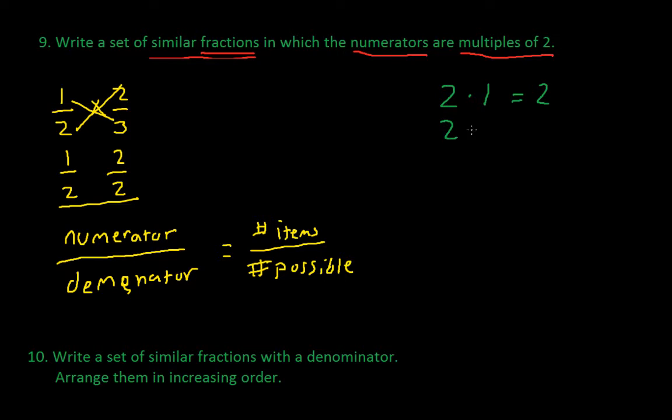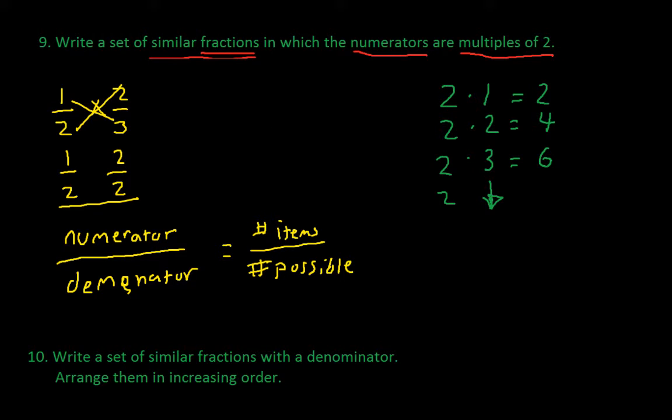And if we take 2 times 2, which is equal to 4, 4 is also a multiple of 2, and 2 times 3. So all these are multiples of 2, and we can do this times any number. So 2 times 4, 2 times 5, 2 times 6, those are all multiples of 2.